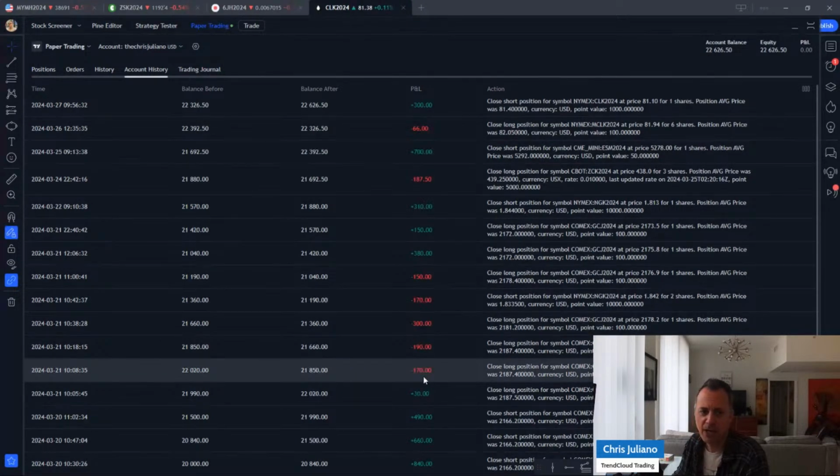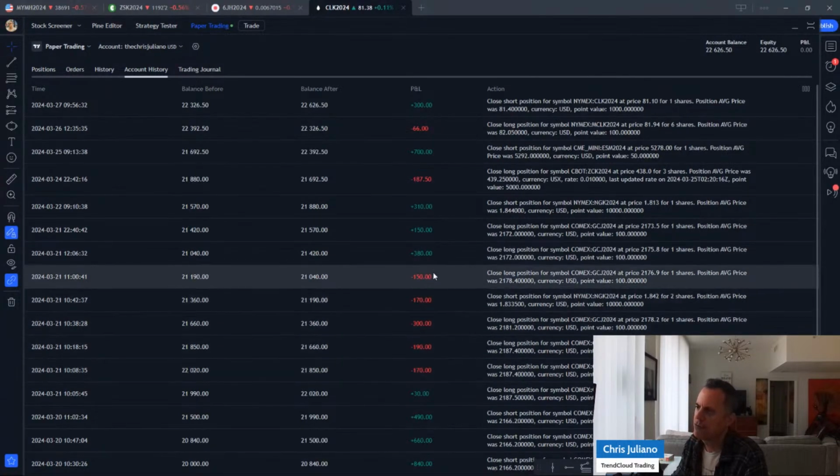So we got a nice win-loss ratio going on. And even though, again, look at this, guys. 1, 2, 3, 4, 5, 5 in a row. Are you going to be able to mentally handle 5 losses in a row? Trust the TrendCloud system.